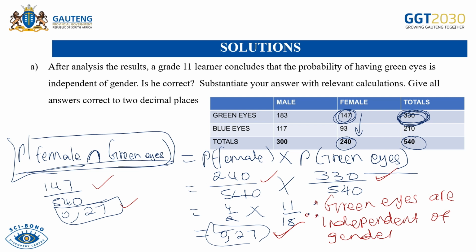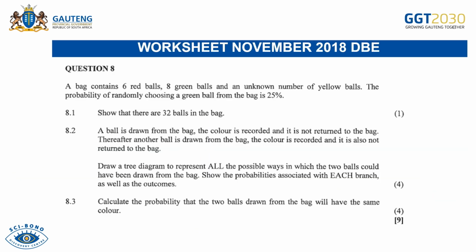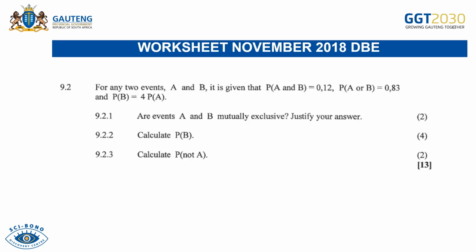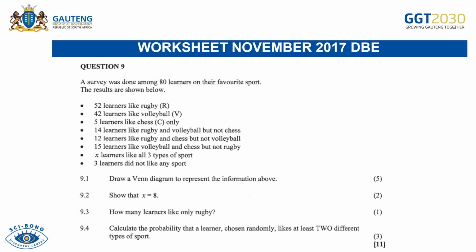I'm sorry I took most of your time. Thank you for joining in. This was your last example. When you get home, please look at the worksheets that I posted for you. You have November 2018 question 9 and the continuation of question 9 to 9.2. Then November 2017 question 9, where you need to draw a Venn diagram.